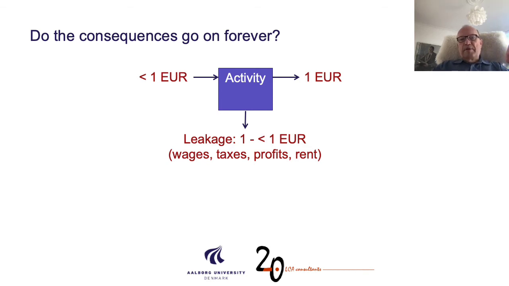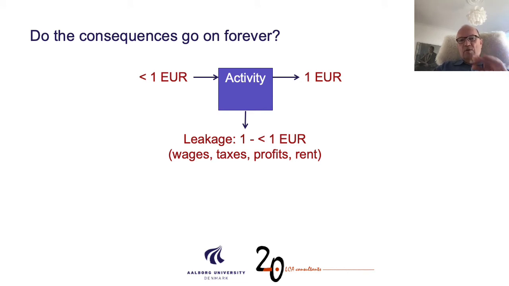So only a part of the revenue of an activity is spent on intermediate inputs that go further up the life cycle. And if you then imagine a life cycle, then there is the activity. If the activity is a life cycle, then there is no intermediate inputs anymore.